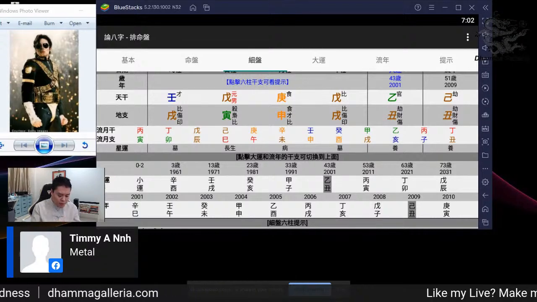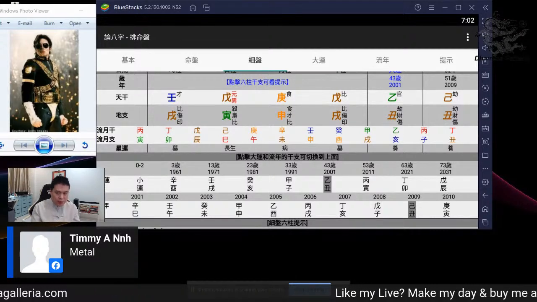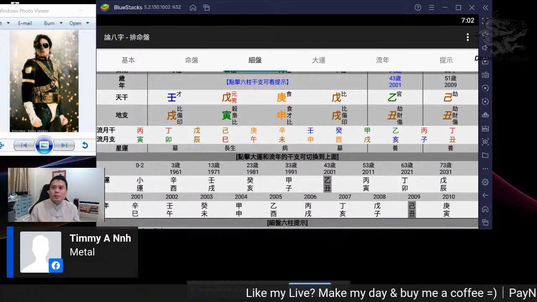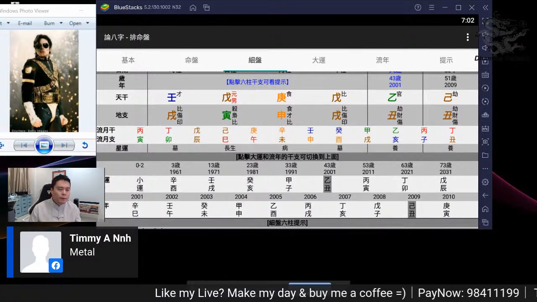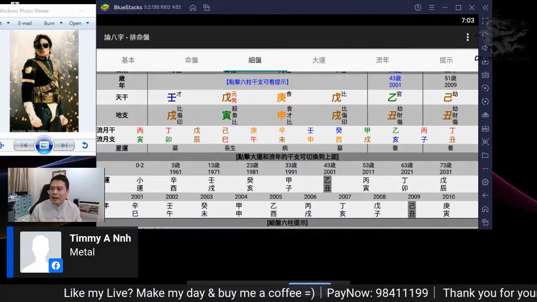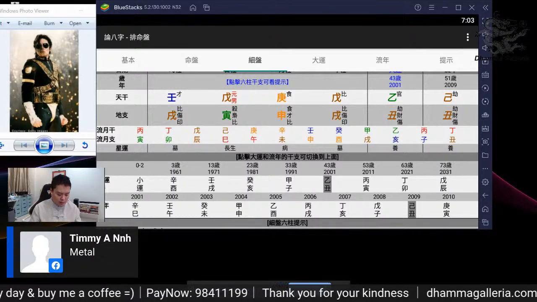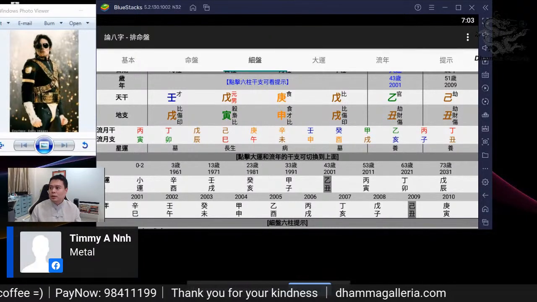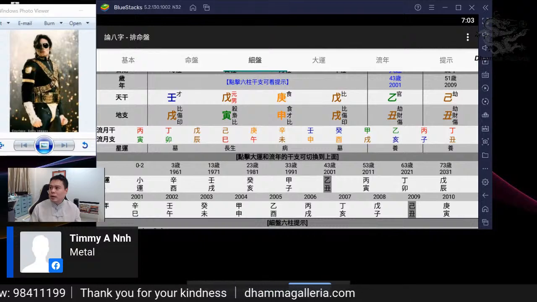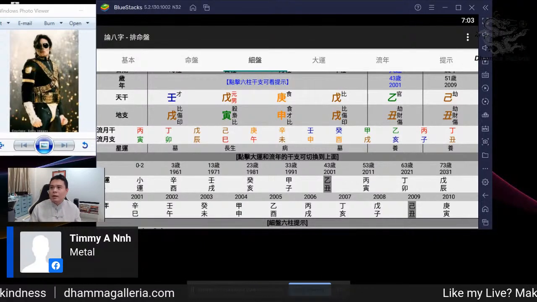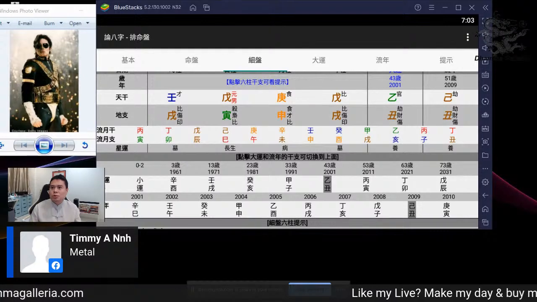So nothing is coincidence in BaZi. Everything can be explained. Just give me a moment as I open this picture to show all of you the birth chart of Michael Jackson and why he passed away in 2009 in the month of June. Quickly, I will open it for you and show you why.